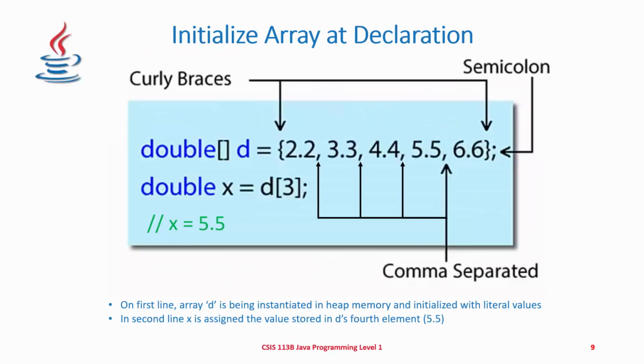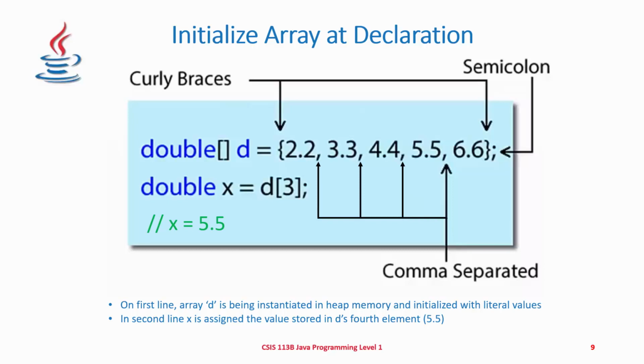Here we're talking now about initializing the array at declaration. Up until this point, you've just seen the declaration where we had the new keyword and then the size of the array identified. In this example, we're creating a double array, an array of doubles, named D. But instead of using the new keyword and how many values we want to store, we create the array using the literal values that we want stored in each location.